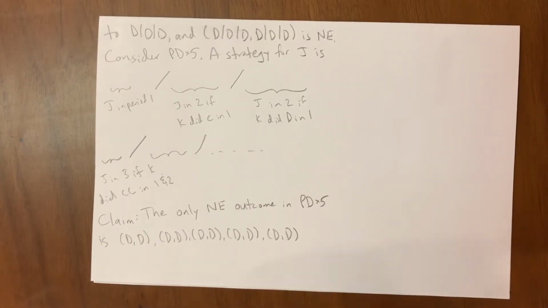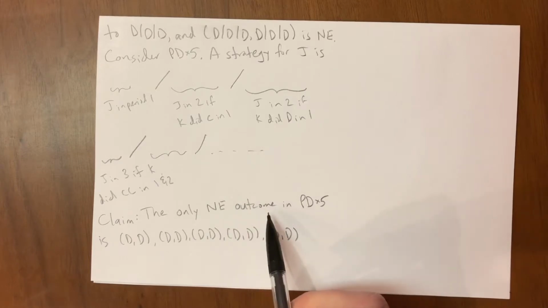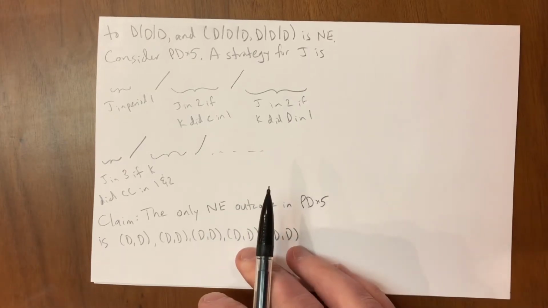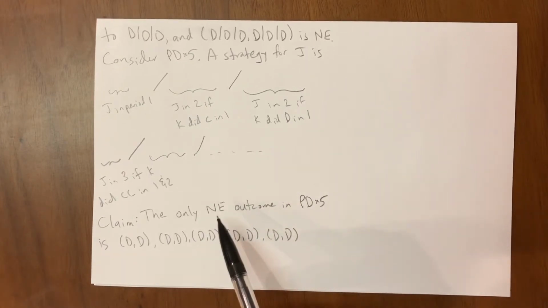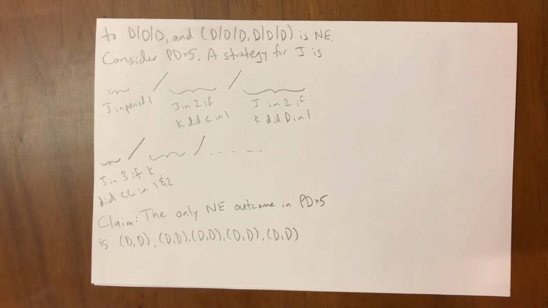By the way, this idea of the Nash equilibrium outcome: what we're saying here is, what will they actually play in a Nash equilibrium? So here we are not specifying all of the different strategies off path. What we're saying is, if you have a Nash equilibrium, they must be playing DD in every single period.